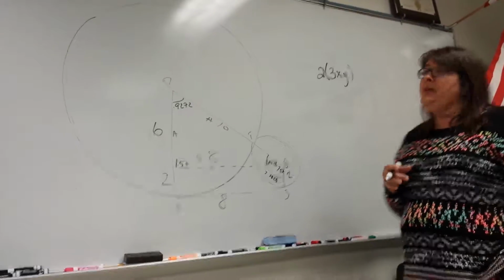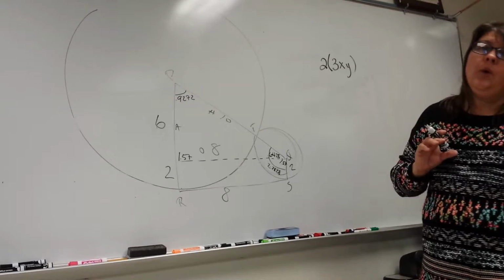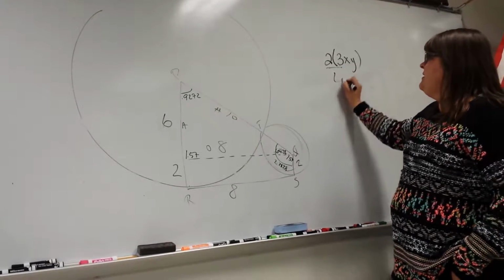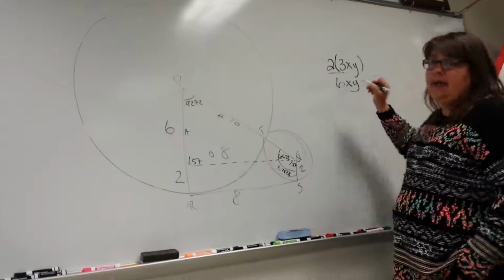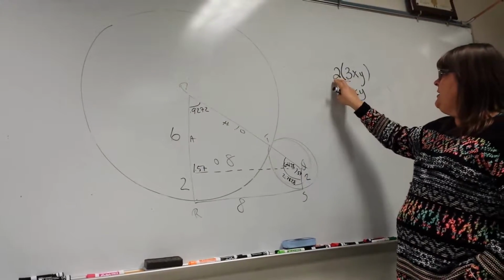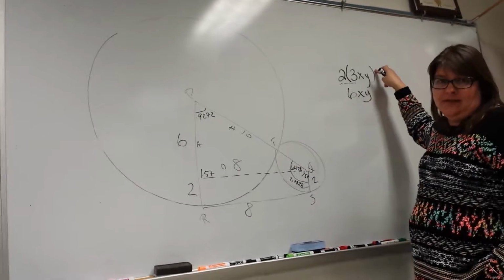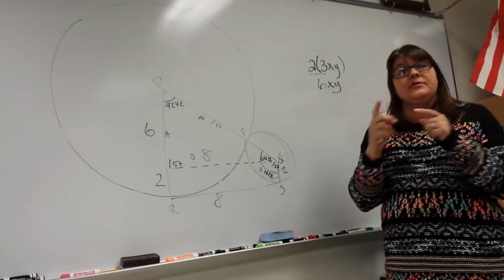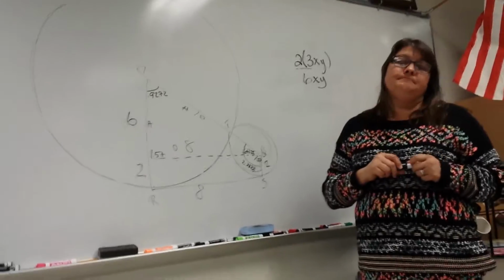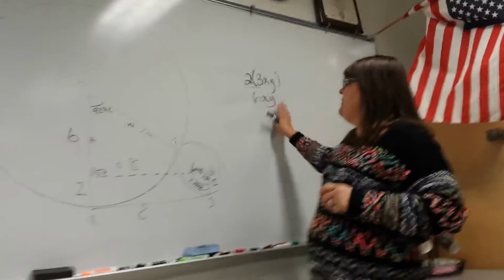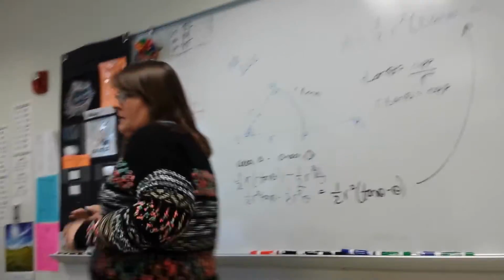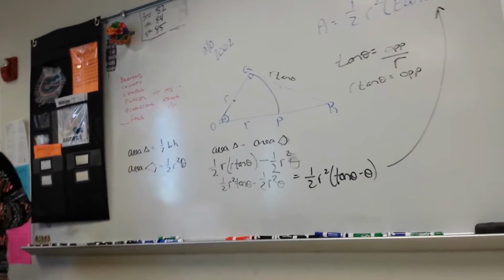I want you to multiply the 2 in here. What would you multiply the 2 by? The 3. Correct. So I would have 2 times 3 is 6, and then I have the xy that goes to the right. What you're telling me to do is take the 2 and go 2 times this and 2 times this, which doesn't happen unless there's a plus or a minus in between the two things. Because r tan theta is like one term. Does that make sense? So you see it with something we're very familiar with. So when it looks a little bit obscure, it makes sense now. All right, are we good?